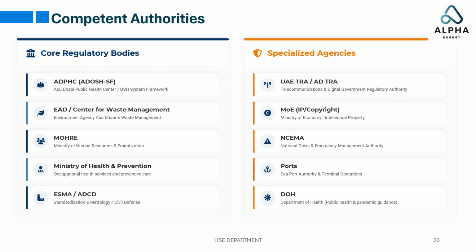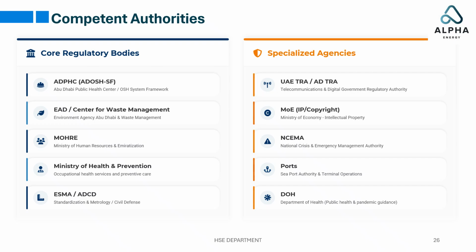The core regulatory bodies include the Abu Dhabi Public Health Center, ADPHC, under the DASH-SF Framework for Occupational Safety and Health Management, the Environment Agency, Abu Dhabi, EAD, and the Center for Waste Management for Environmental Protection and Waste Management Regulations, the Ministry of Human Resources and Emiratization, MORE, for Labor Laws and Workforce Regulations, the Ministry of Health and Prevention, MOHAP, for Occupational Health Services and Preventive Healthcare Guidance, and ESMA/ADCD for standardization, metrology, and civil defense requirements.